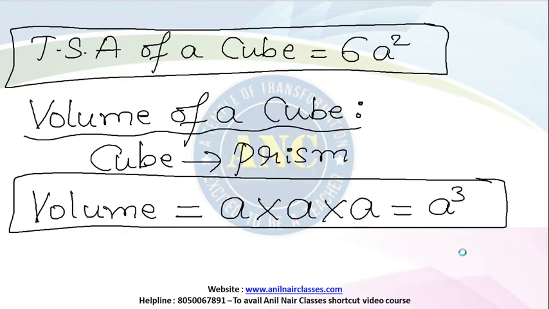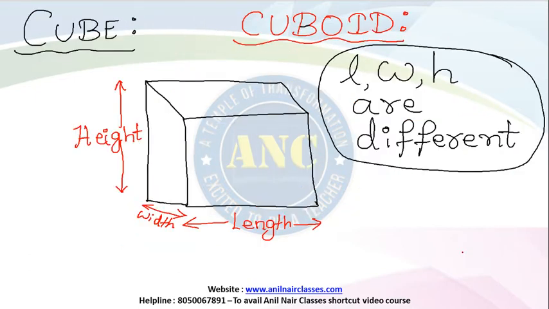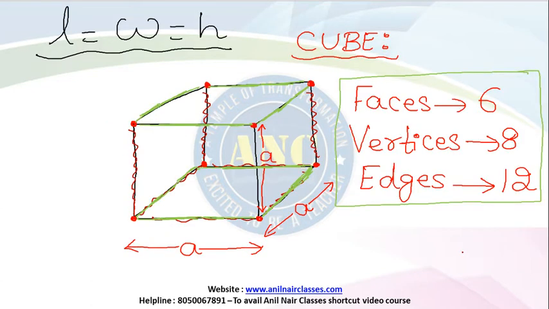Again I am saying, sir, I am still in the first geometrical figure. I started with the cube, and I told that instead of learning cube directly, let us understand what is cuboid initially. Cuboid is where length, width and height are different. If I make all the length, width and height the same, then the same geometrical figure of cuboid will turn into a cube eventually.